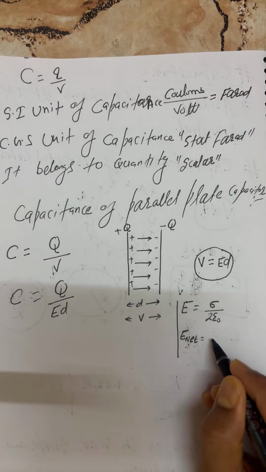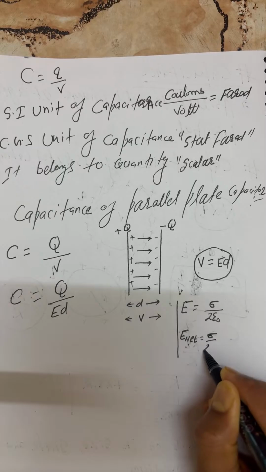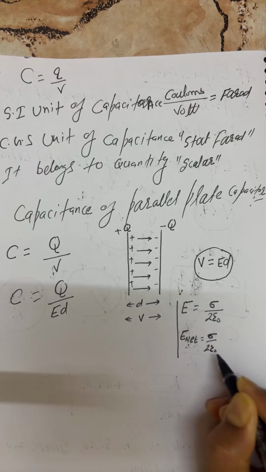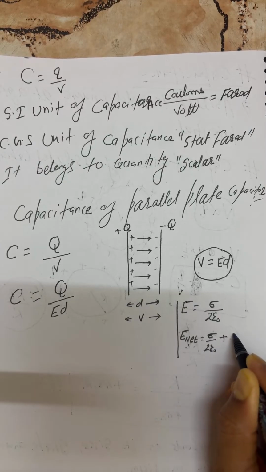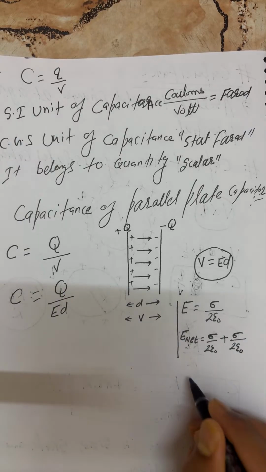So sigma upon 2 epsilon naught due to one charge, and sigma upon 2 epsilon naught for the other charge.